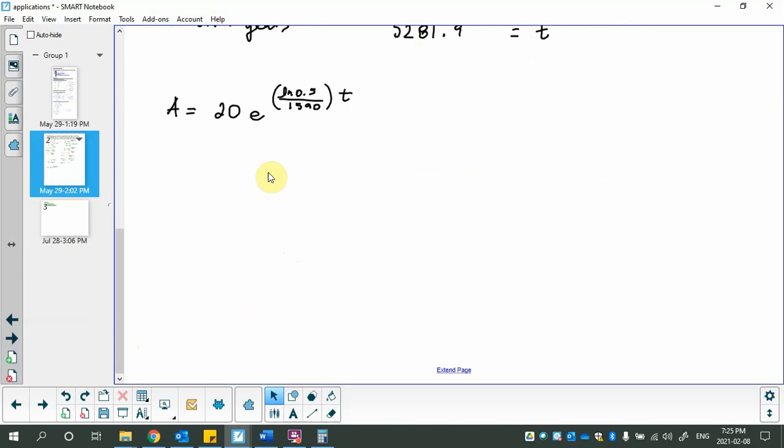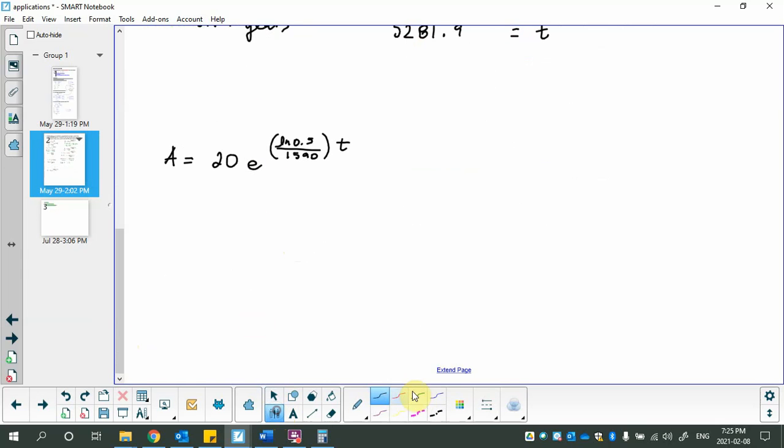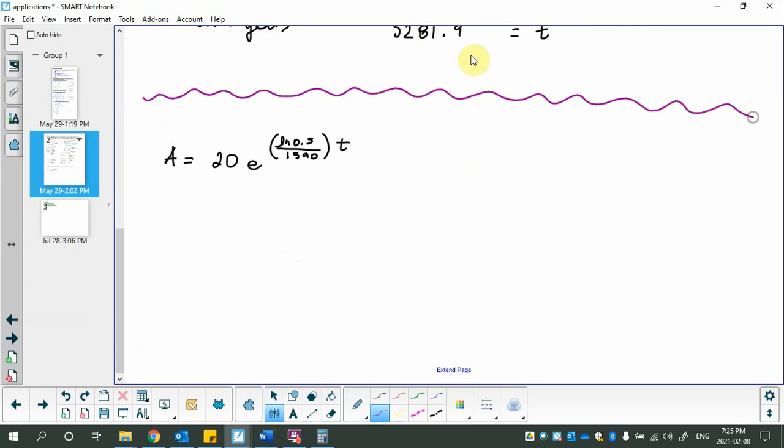I probably will have to write big. So remember what we're looking for. So this is a logarithm, which means I get logarithm rules.